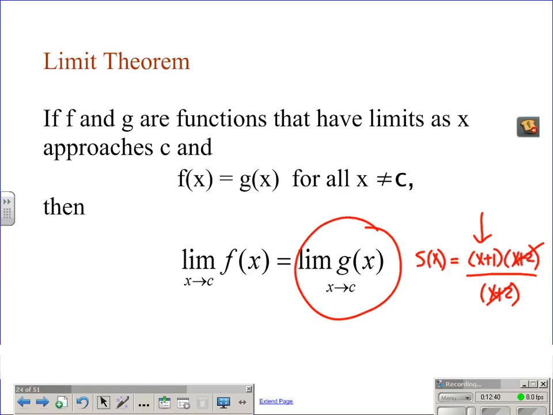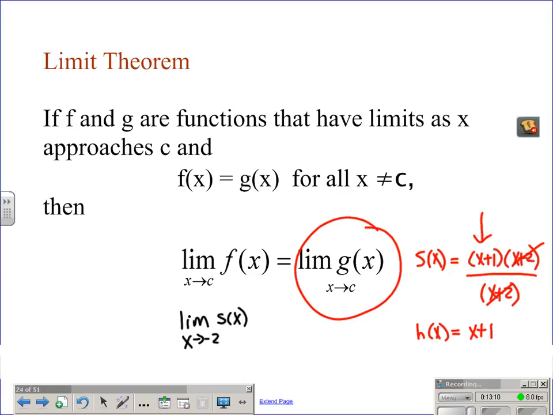And so in using this, let's say I defined, let's call this h of x. Let's say I said h of x is x plus 1. Then what this means is that when I wanted to find the limit of s of x as x was approaching negative 2, it's undefined there.